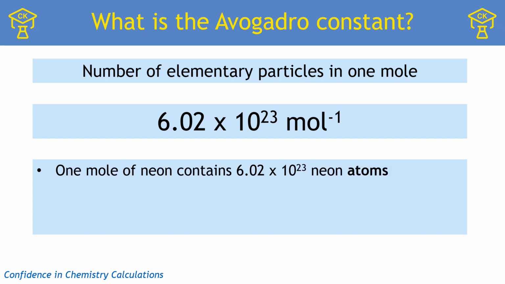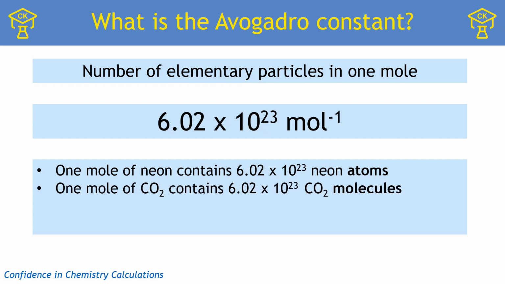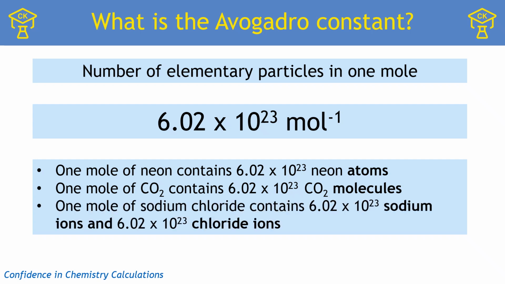What do we mean by that? Well, if we have 1 mole of neon, neon is a noble gas and exists as single atoms, and therefore 1 mole of neon contains 6.02 times 10 to the 23 neon atoms. If I was looking at something like CO2, 1 mole of CO2 contains 6.02 times 10 to the 23 CO2 molecules.